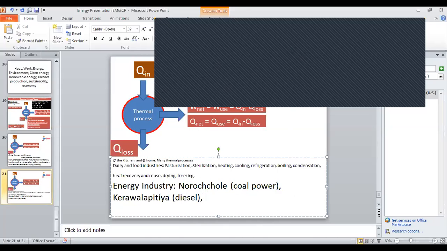So in both applications, in coal power, you burn, you generate fire first. Out of fire, you create steam power. From the steam power, you turn the electrical generators. Diesel, you create power either in the engines or in the turbines. Also, we have calorimeters.